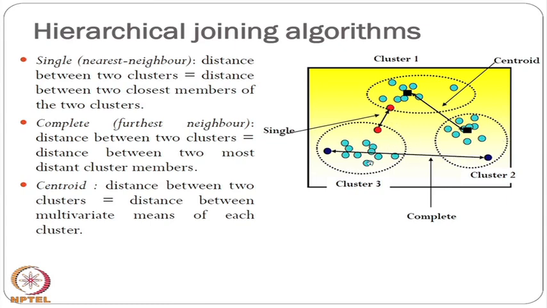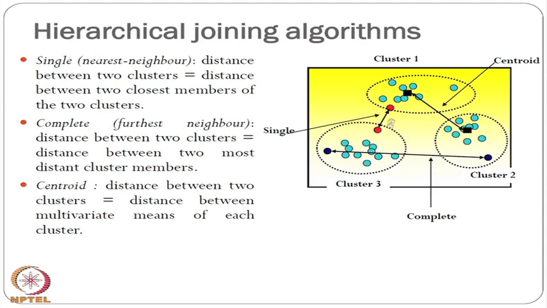Now, the question comes, how do I make these groups? Here, if you are talking about single linkage, then the distance between cluster 1 and cluster 3 is the distance between the two nearest objects of the two clusters. So, obviously this one.